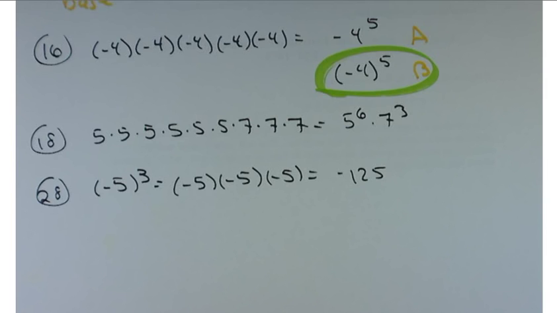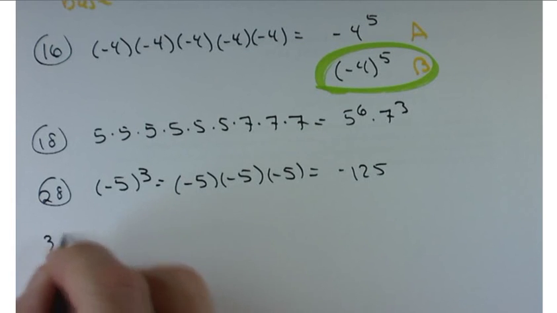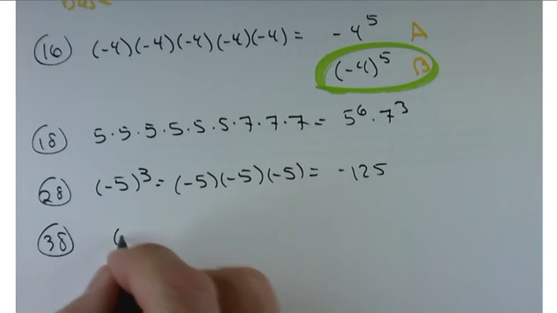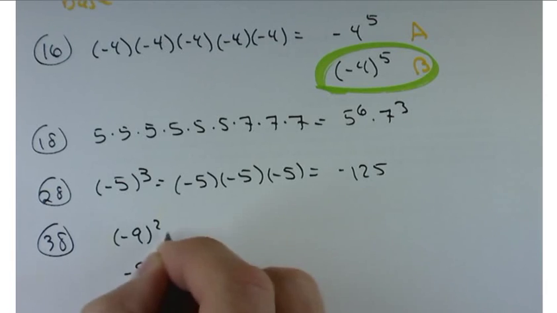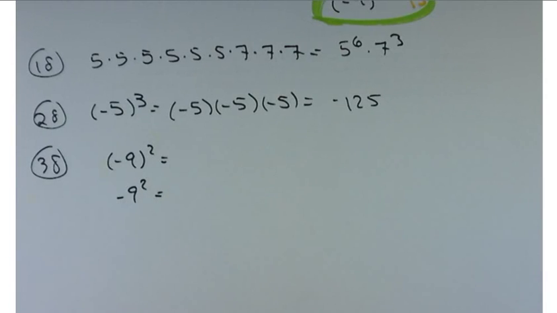All right, so going back to a little bit of something that we went over in the last section. They want you to compare problem 38, negative 9 squared and negative 9 squared. So write out both of those and then calculate it. What are you going to get?